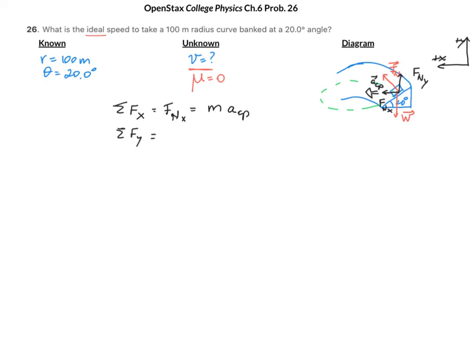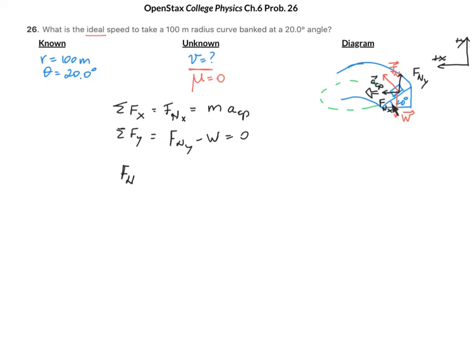I'm going to say the sum of the forces in the y direction is Fn y minus W, and the sum of those forces is 0. All right, so now I have two equations. Let's rewrite them. Fnx is going to be, okay, let's figure out the angles.